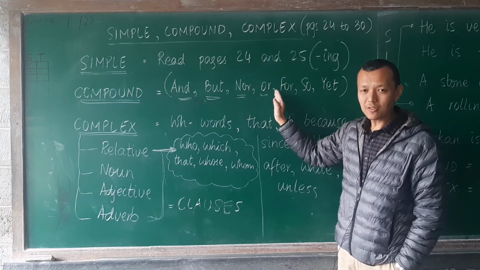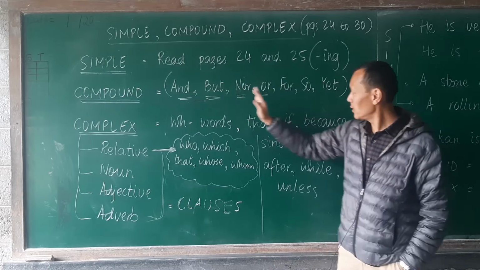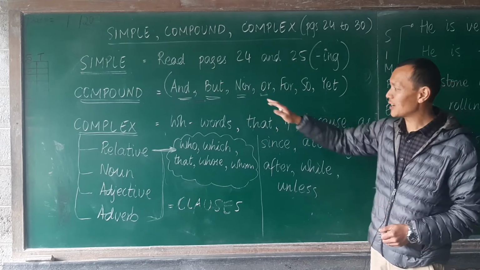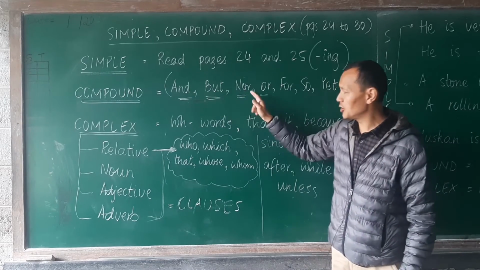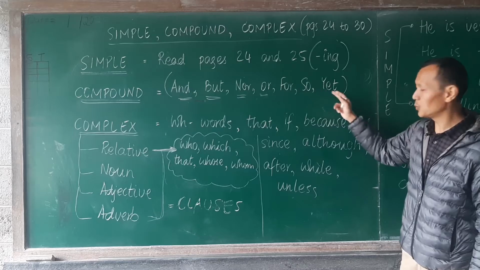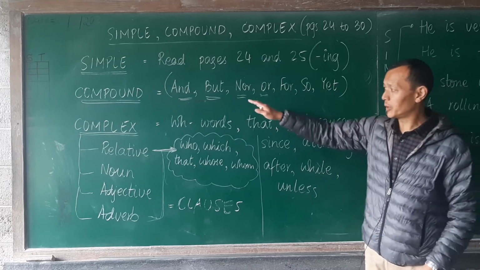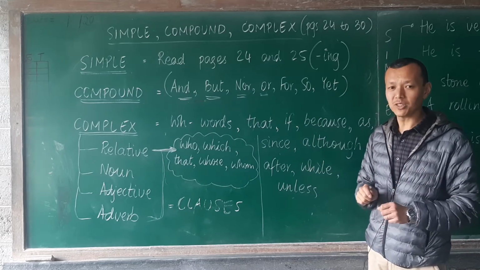So it is either-or, neither-nor. Just remembering these four is enough. But apart from that, these are also there. Sometimes if that question comes and you cannot join the sentences using any of these words, then for, so, yet will be useful to join two sentences into a compound sentence.